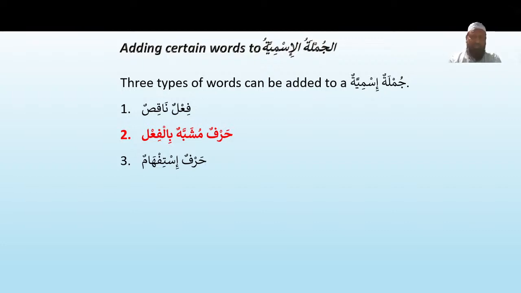Number one, fi'lun naqisun, which we covered in the previous lesson. Today we're going to learn number two, harfun mushabbahun bil fi'li. In the next lesson we'll talk about the third one, harfun istifhamun. So today's lesson is harfun mushabbahun bil fi'li.